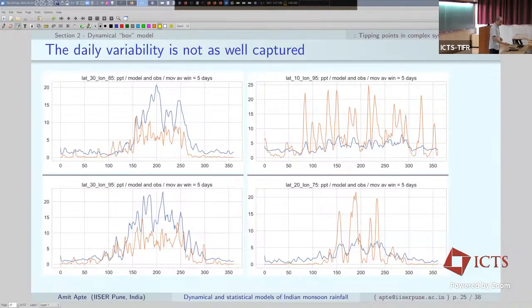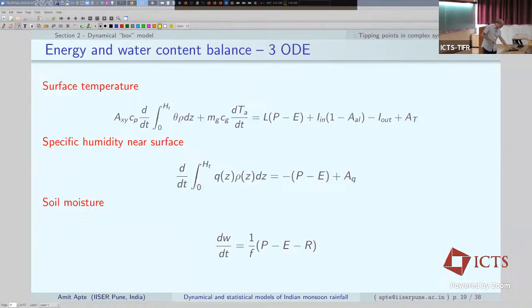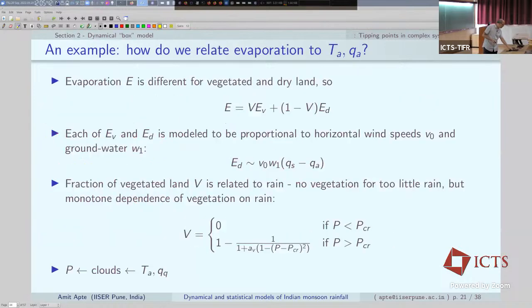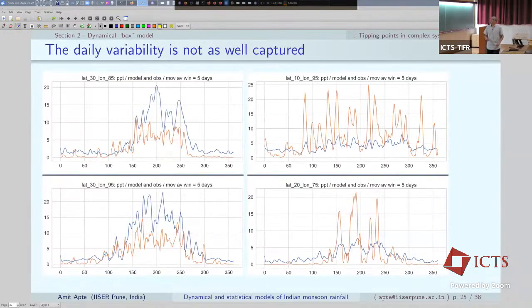So here is the example. If you look at the daily variation, it does not quite match on the top one. Oh wait, sorry, what happened? I went way off somewhere. Okay, so if you look at daily variation, I didn't write down which one is observation and which one is model on the plots.